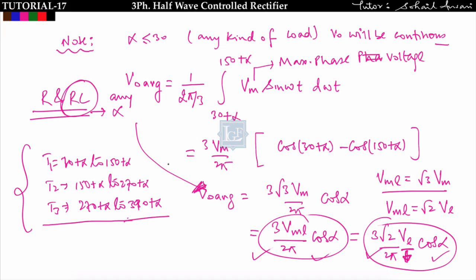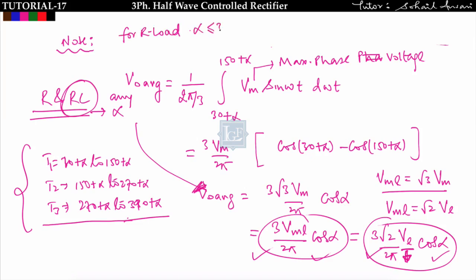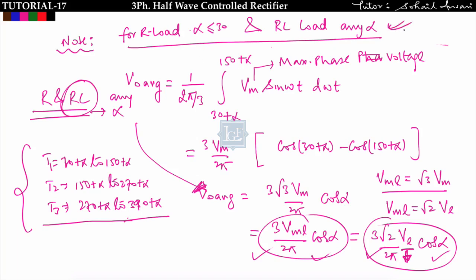So for R load, alpha less than or equal to 30 degree, and for RL load you can take any alpha. This formula is valid for this condition.